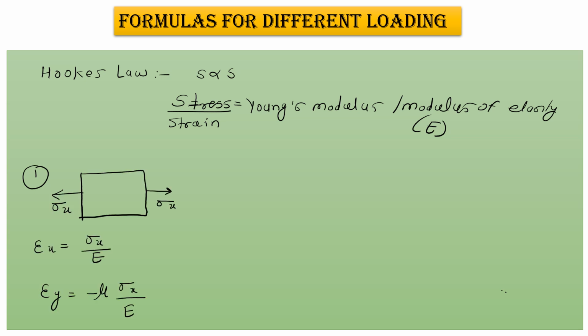On this body, the force is applied in one direction as a tension force, and these are the formulas for the strain in the x direction and the strain in the y direction.